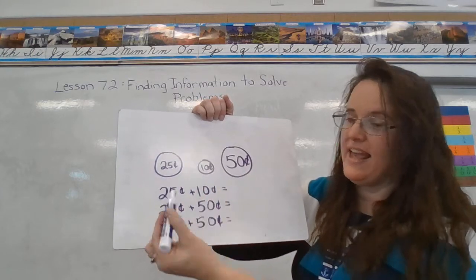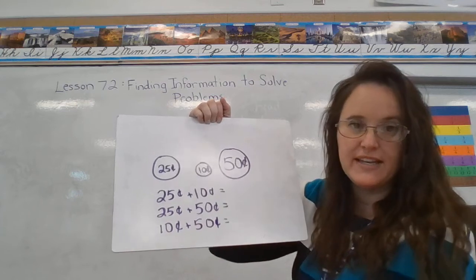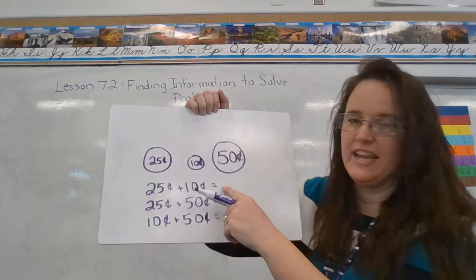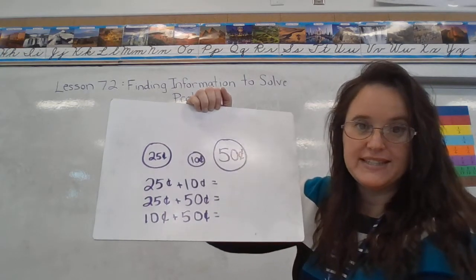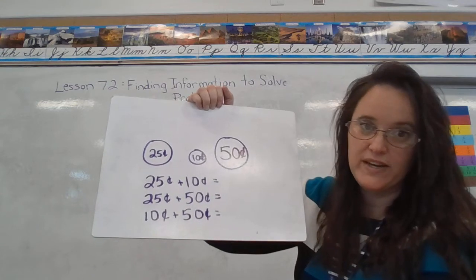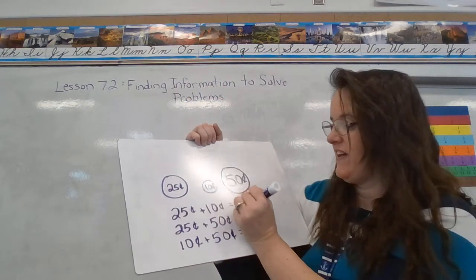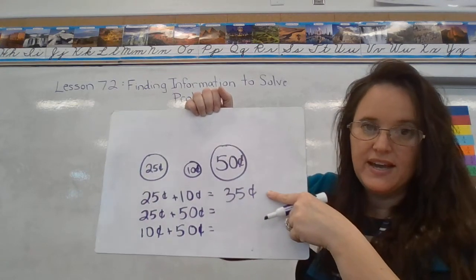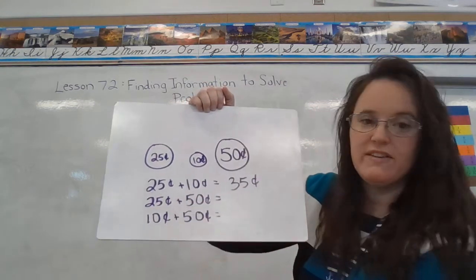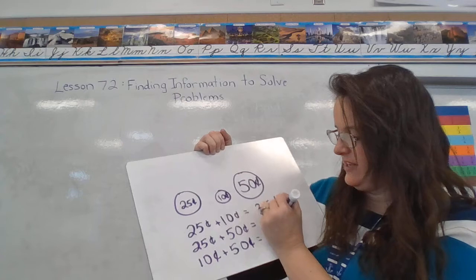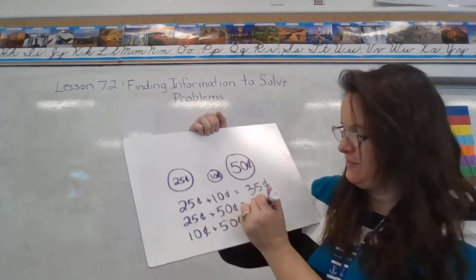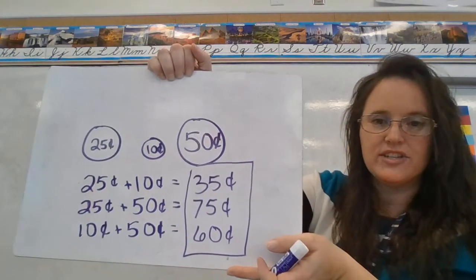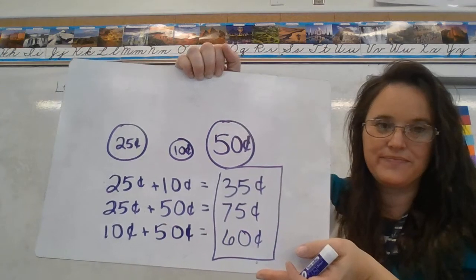We would say, well, what about 10 and 25 instead of 25 and 10? But in this problem, they want the total amount of money. So would that change if I would separate 25 plus 10 versus 10 plus 25? No, you'd get 35 cents for either one of those answers, so I don't really need to write it both ways. I just need my total, 35 cents. 25 plus 50 is going to give us a total of 75 cents, and 10 plus 50 gives us a total of 60 cents, so our answer to the final problem is right there.